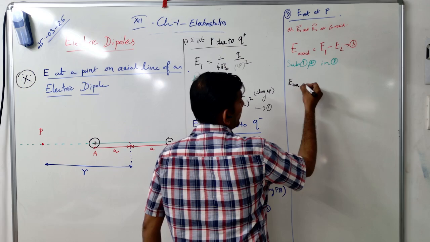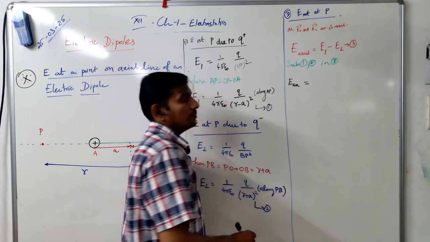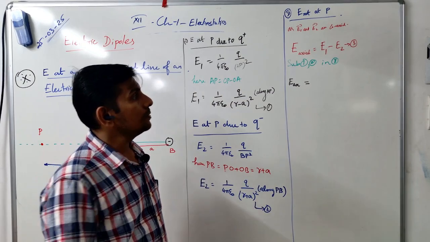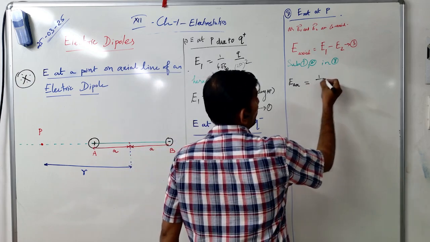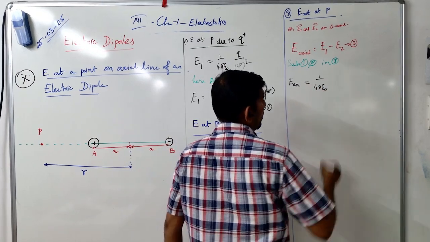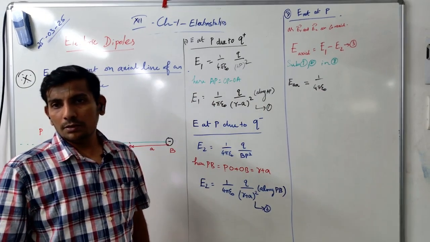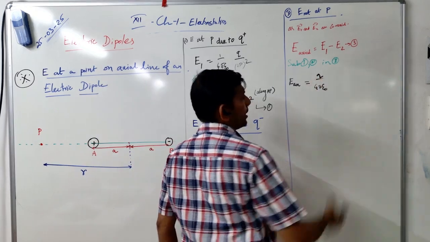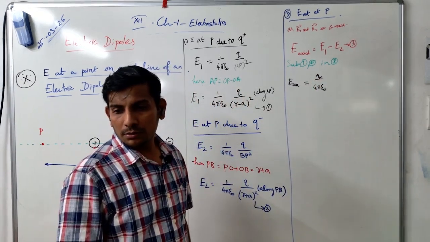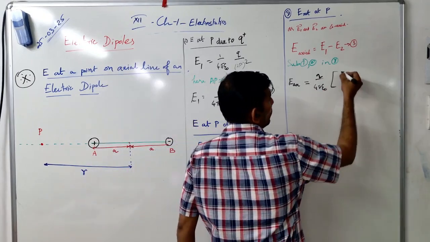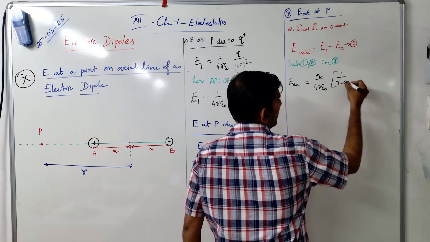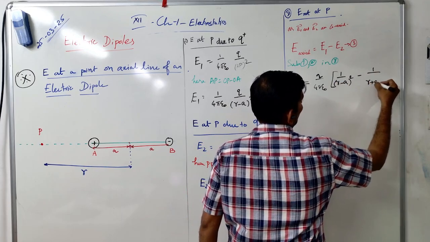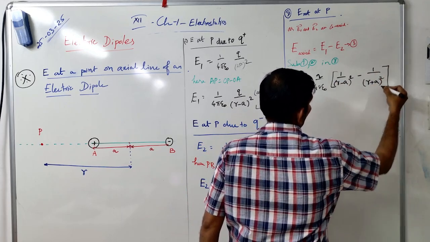E axial is equal to Q by 4 pi epsilon naught, as 1 by 4 pi epsilon naught and Q are common. And I can take 1 by (R minus A) the whole square minus 1 by (R plus A) the whole square.